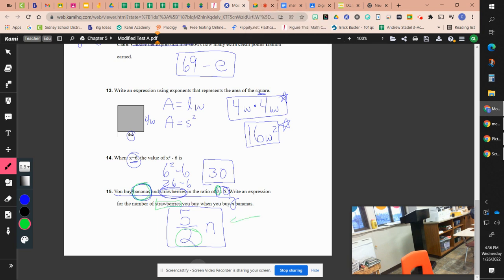This one is a little more advanced. We didn't talk about ratios and expressions yet. So this one is actually going to be a little bit of extra credit and an optional one to answer. But now that I've showed you how to answer it, you will be able to do them, hopefully.